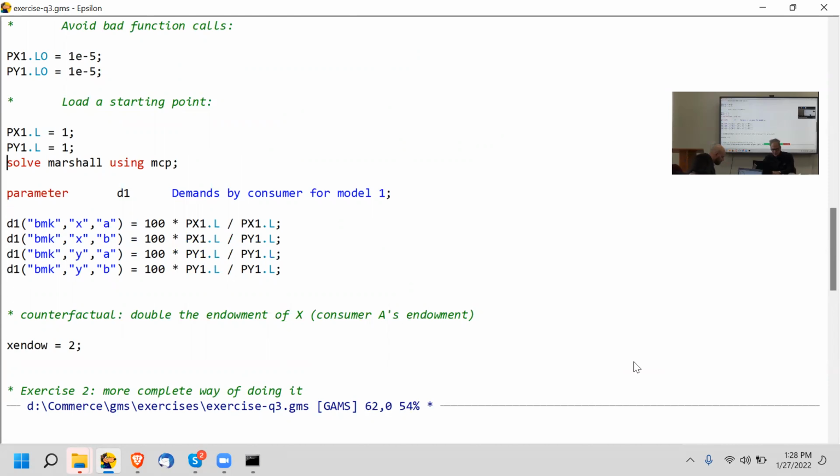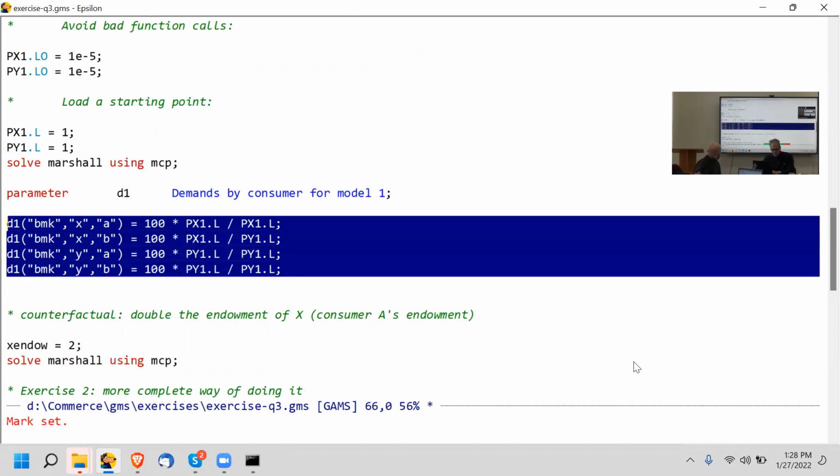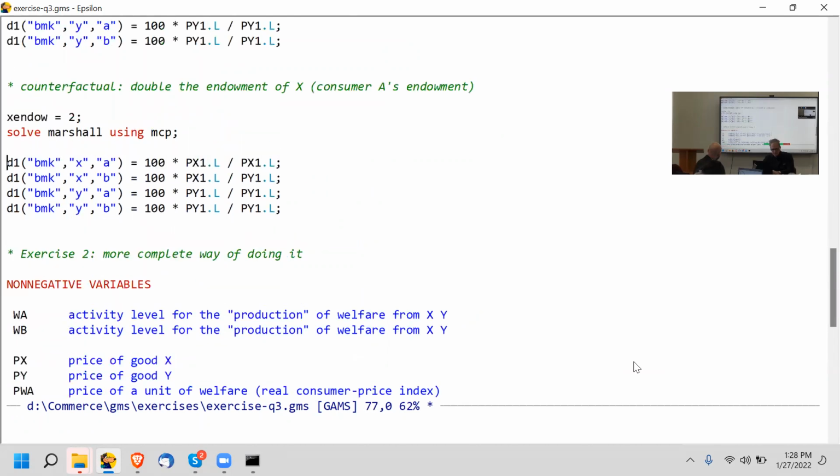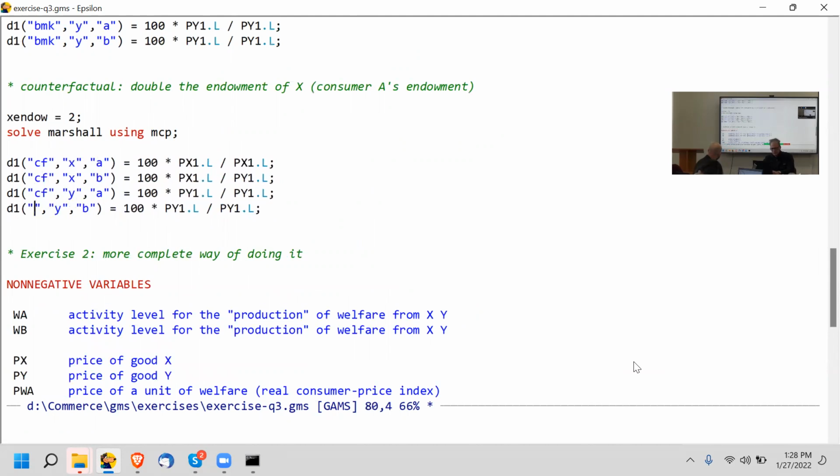And then we're going to say solve. And this is going to be the counterfactual. Let's take CF for counterfactual. And this is going to be the endowment of X. So this guy is endowed with X, that's agent 1. This is X endow.